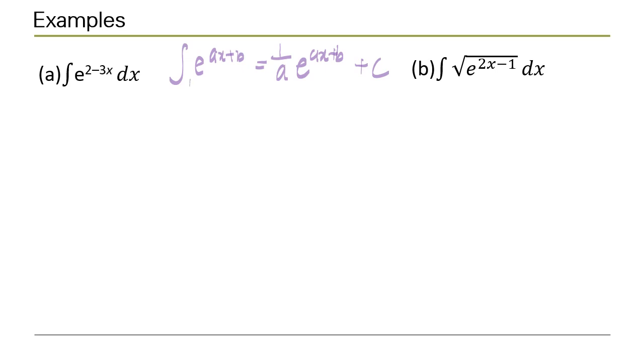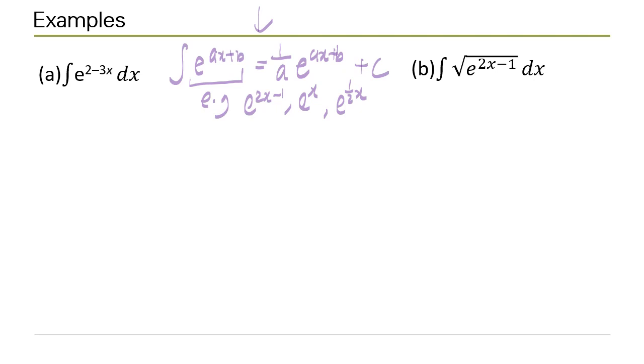To apply this rule, you have to ensure that your exponential is expressed in the form e to the power of something. For example, e to the power of 2x minus 1, e to the power of x, or e to the power of half x. Then you can apply the formula.